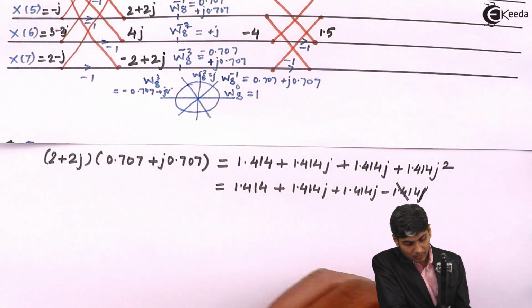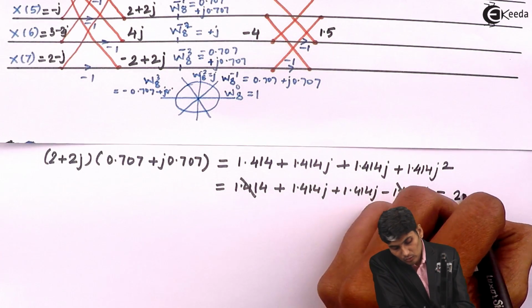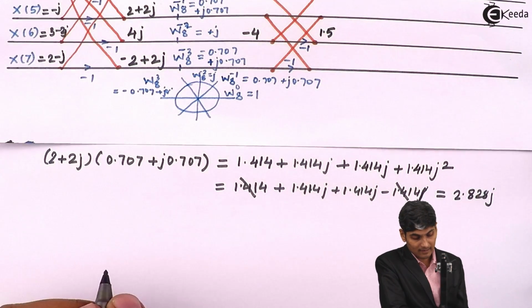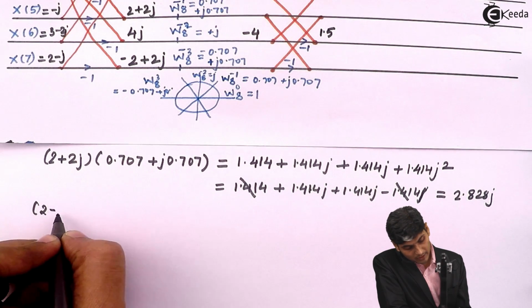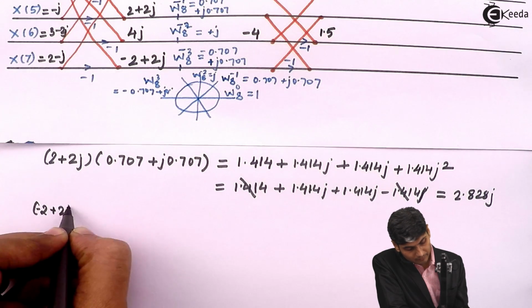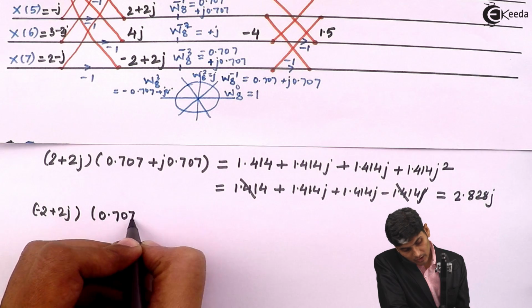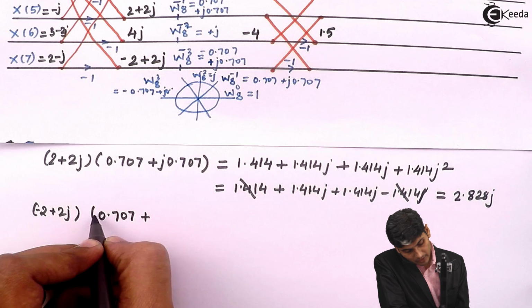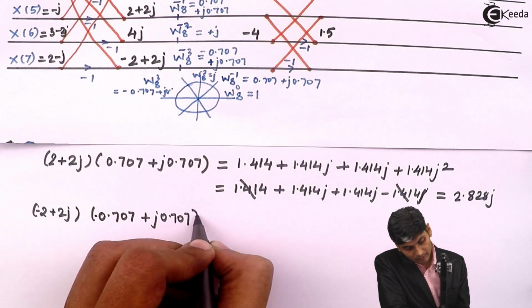So this 1.414 and this will get cancelled, and this will give you 2.828j as an answer. Similarly, we can perform for 2 minus 2j multiplied by minus 0.707 plus j 0.707.